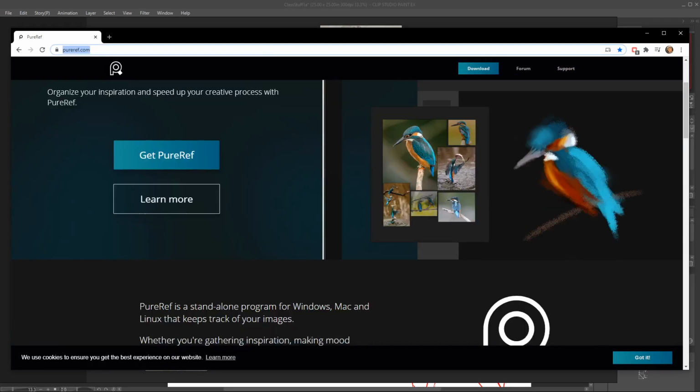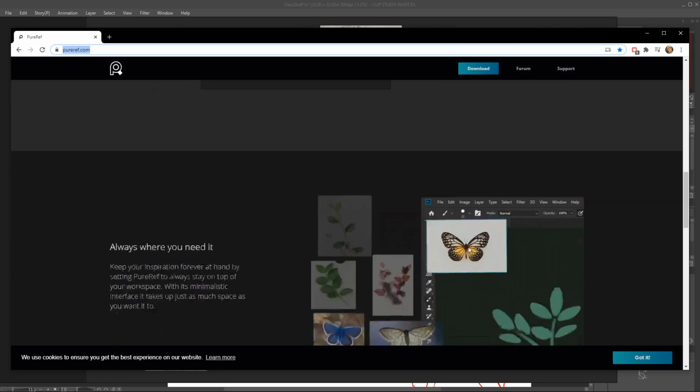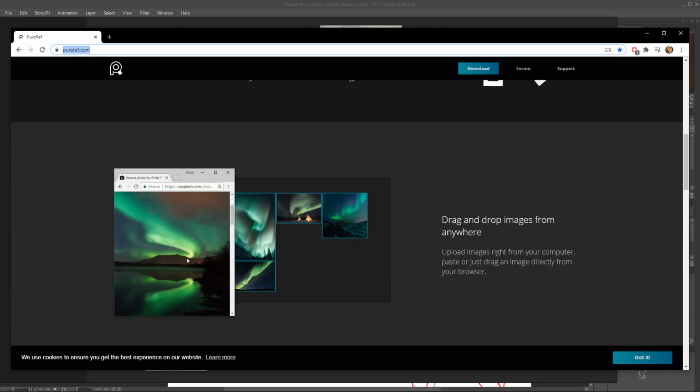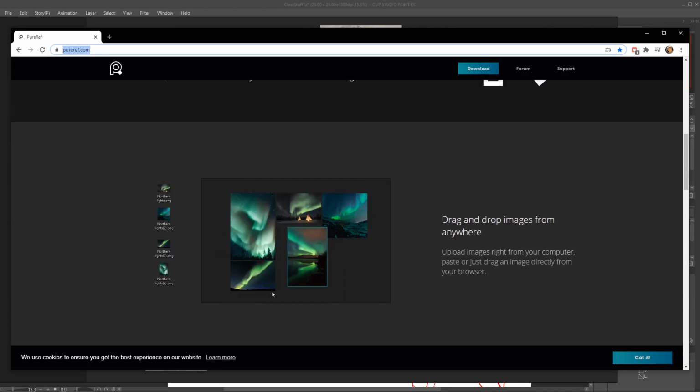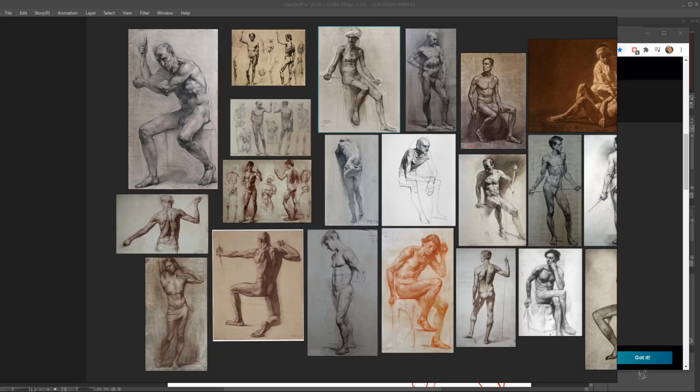But yeah, PureRef is a really useful piece of free software where they actually demonstrate how to use it on the site. You can drag and drop images from anywhere into this kind of blank image space like I did. You can resize them, rotate them as you need.